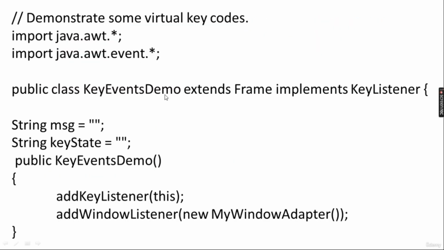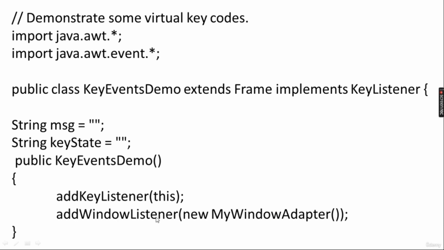KeyEventDemo extends Frame implements KeyListener. Message and key state, two strings, are generated. addKeyListener this, addWindowListener, new MyWindowAdapter. So why are we providing the window listener over here? Because in GUI based programs, the window will not be closed by itself when you press the close button of the window.